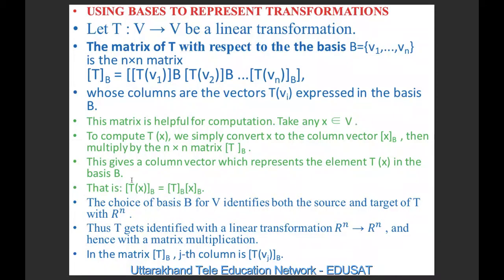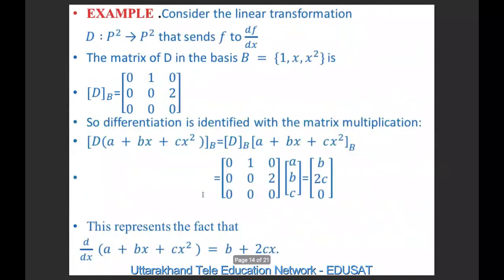Here it was [Tx]b, obtained by converting x to the column vector xb and then multiplying it by the n by n matrix Tb. So [Tx]b is nothing but Tb into xb, and here it is Db in place of T. So [Dx]b is Db into xb, where xb is the column a, b, c.